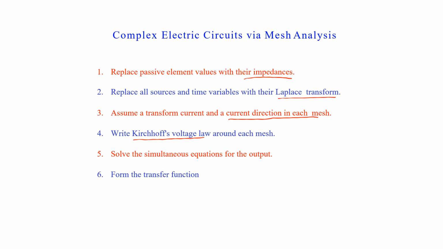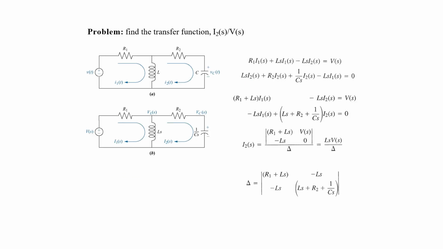So when we have more than one mesh, we will be left with simultaneous equations for the output, and then we will solve these simultaneous equations by using Cramer's rule, and then after that we will find the transfer function. Let's go and solve a complex electrical circuit with more than one mesh.